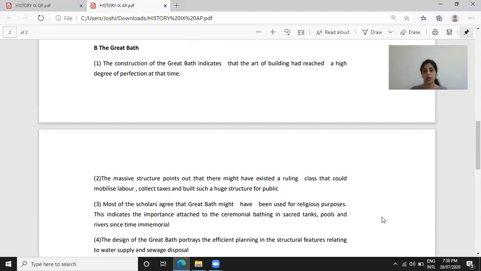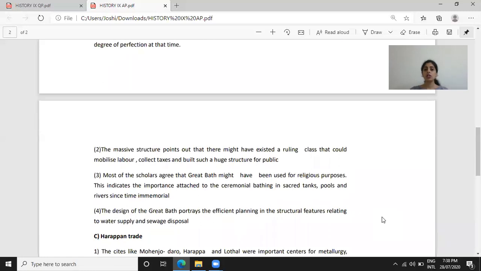Point number 2, the massive structure points out that there might have existed a ruling class that could mobilize labor, collect taxes, and build such a huge structure for the public. Point number 3, most scholars agree that the Great Bath might have been used for religious purposes.